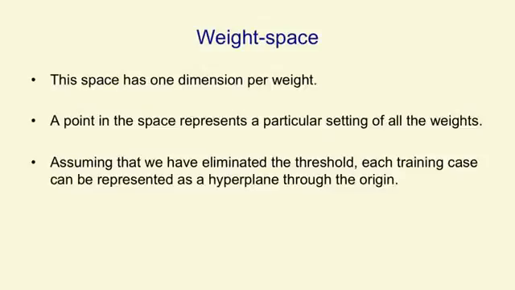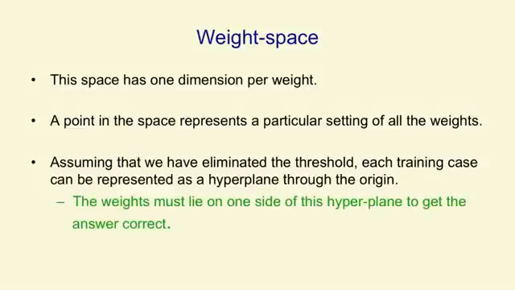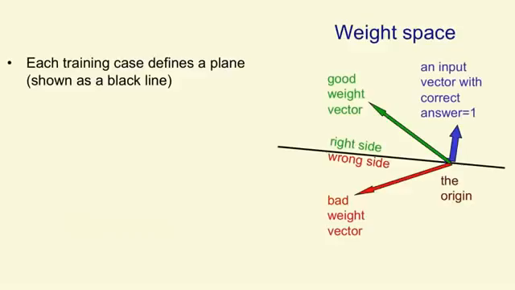So points in the space correspond to weight vectors, and training cases correspond to planes. And for a particular training case, the weights must lie on one side of that hyperplane in order to get the answer correct for that training case.